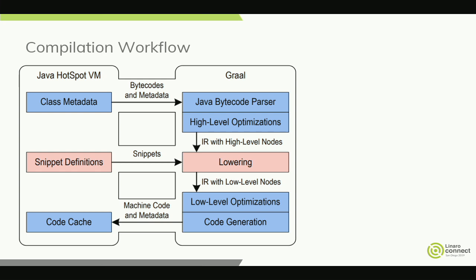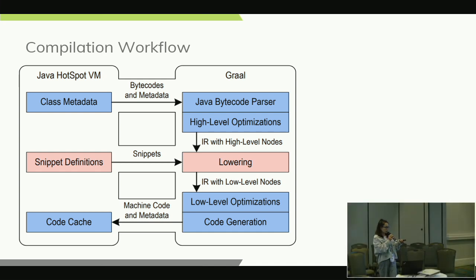Then Graal will apply some high-level optimizations to them. Then before the backend starts, Graal will lower the high-level nodes to low-level nodes. The low-level nodes are platform-specific. Then come some low-level optimizations like instruction selection, register allocation, and code generation.